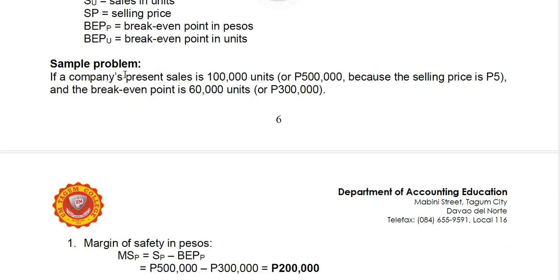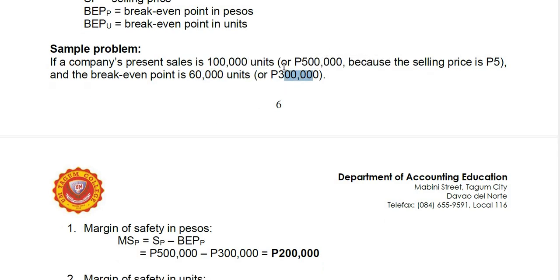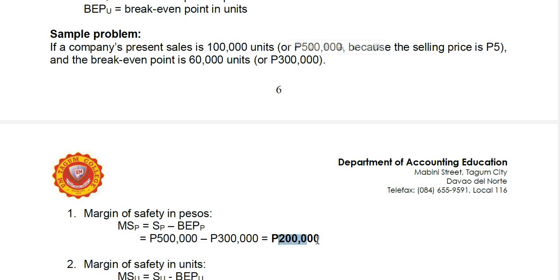So if the company's present sales is 100,000 units, or 500,000 in terms of peso, because the selling price is 5 pesos, and the break-even point is 60,000 units, or 300,000. So how much is your margin of safety? In terms of peso, that is 500,000 minus 300,000. So the margin of safety is 200,000.